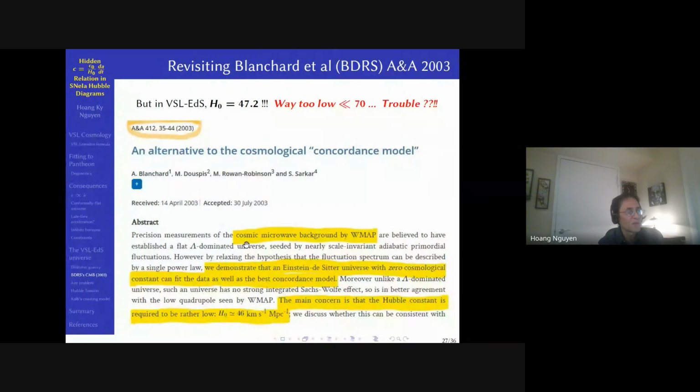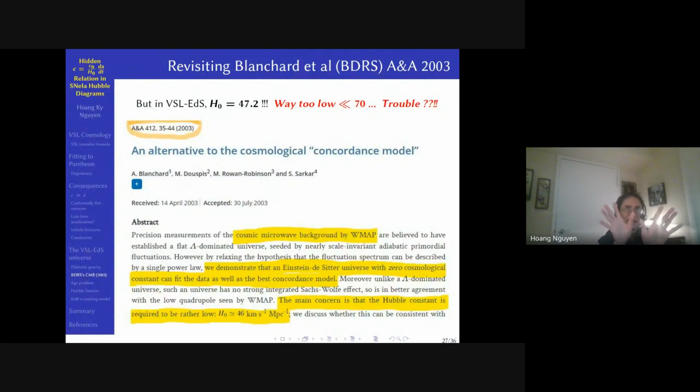And they wanted to study the WMAP, the CMB WMAP. What they did is they relaxed the hypothesis that the fluctuation spectrum is a single power law, but made it a broken power law. Broken power law means you have two sides, and it's a power law, and so again, P is a function of k.